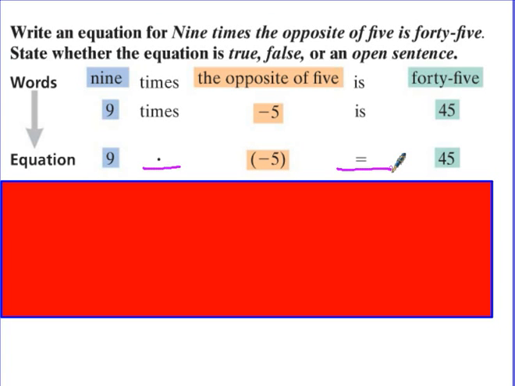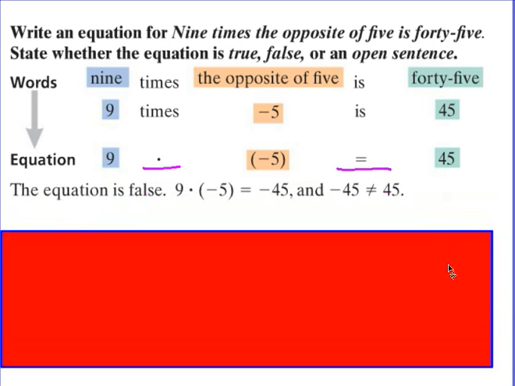Then we ask ourselves, is 9 times negative 5 positive 45? No, it's not. We know that a positive times a negative is a negative. So negative 45 does not equal positive 45, so we would say that this equation is false.